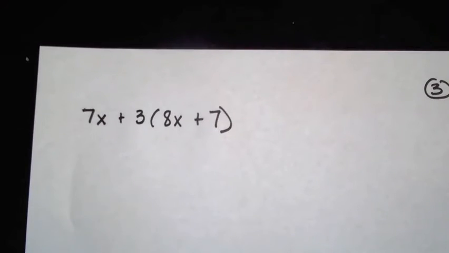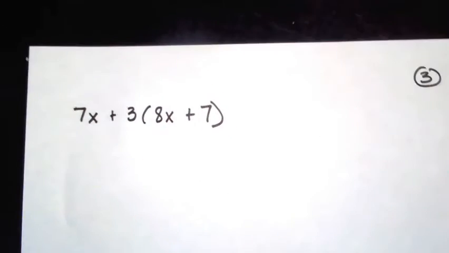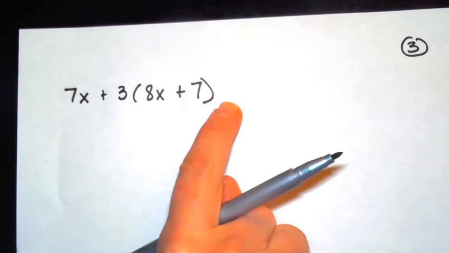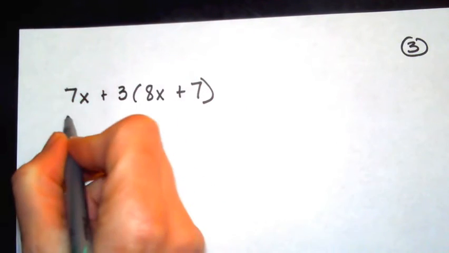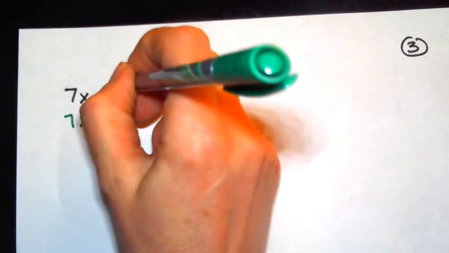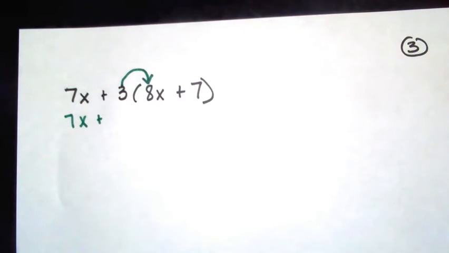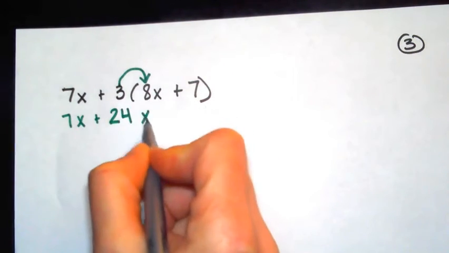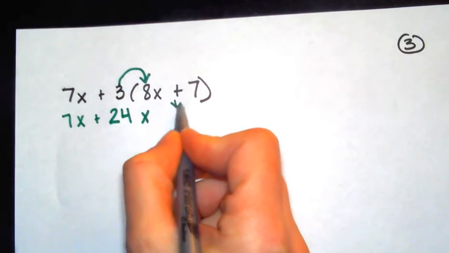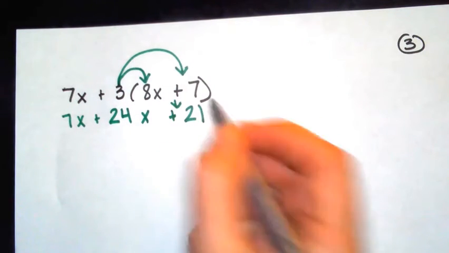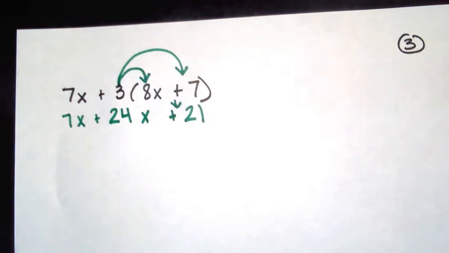All right. This one's like the last one where 7x is just going to hang out until these guys get out of the parentheses by doing the distributive property. So 7x plus is just going to wait. 3 times 8x, that's 24x. Drop down the plus. 3 times 7 is 21. I'm going to highlight my x terms.